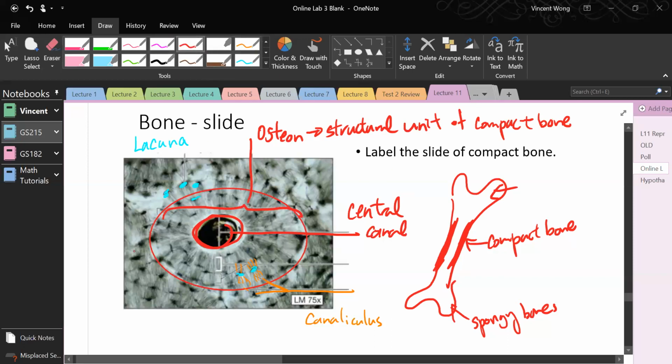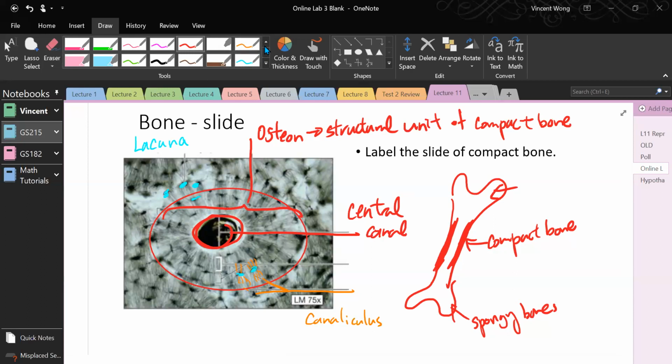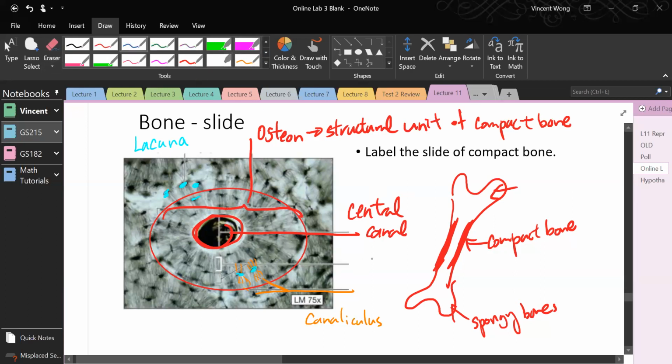And finally, the rest of it, basically, is the calcified matrix, and we call that the lamella. If you imagine a raisin cinnamon roll, the raisin would be the lacuna, and then the dough, the bulk of it, is basically the lamella. So this is made up of calcified matrix.